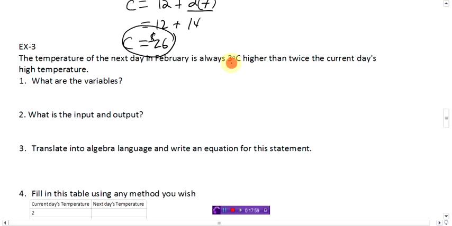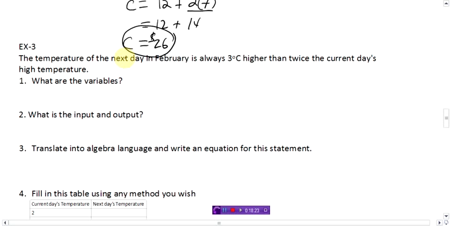It's always 3 degrees higher than twice the current day's high temperature. So if today had a certain temperature, what we would do with it is double it, twice it, and add 3, and according to this formula you would get the temperature of the next day.